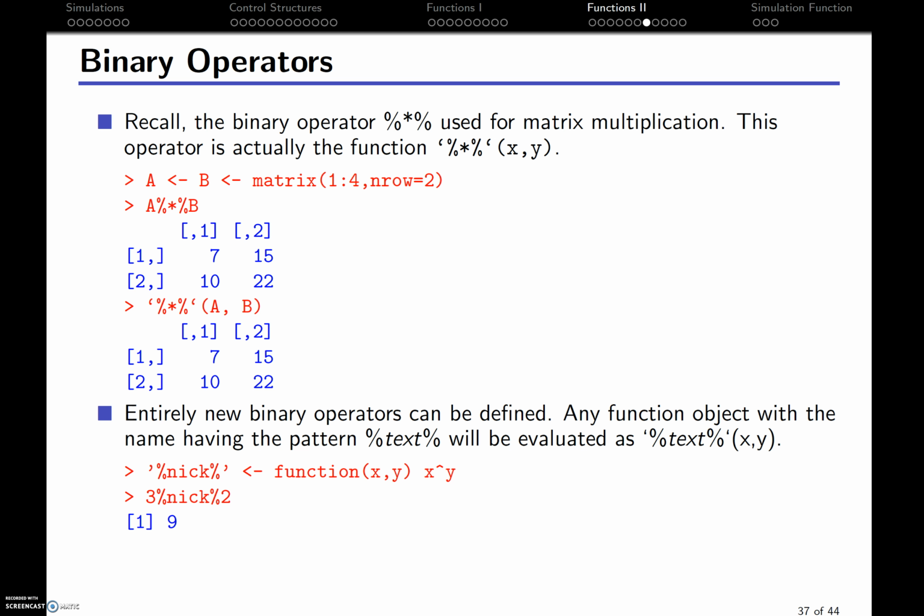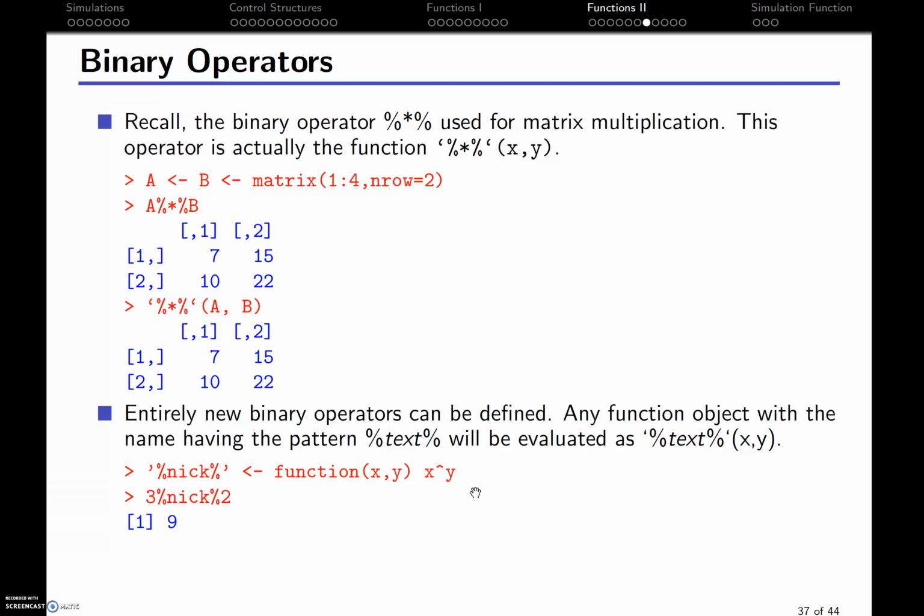But what's great is we can define our own binary operators. So any function object with a name having a pattern like this, %text%, can be evaluated this way as a function call. So notice if I create a new function, I'm using that function syntax right there for the binary operator call, and I'm going to call it within the little single quotation marks %nic%, and we're going to make it the function just simple, x caret y.